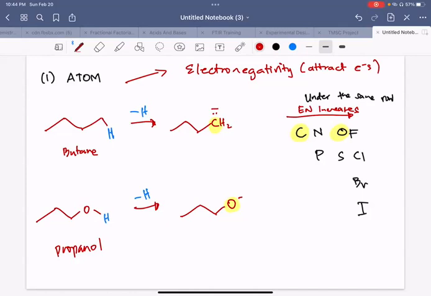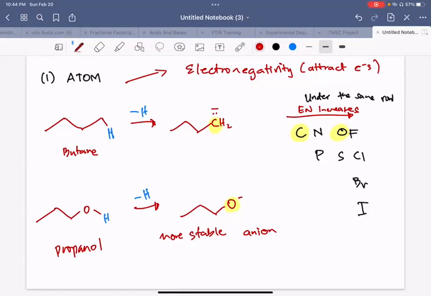Therefore, this is the more stable compound or the more stable anion. So when you have the more stable anion, you have the more acidic compound, because the more acidic compound is the one with the more stabilized anion.